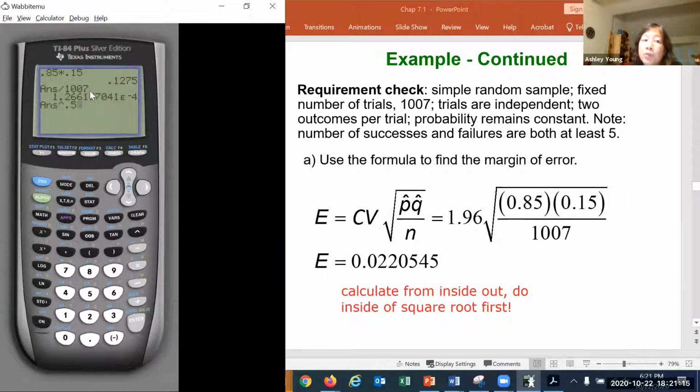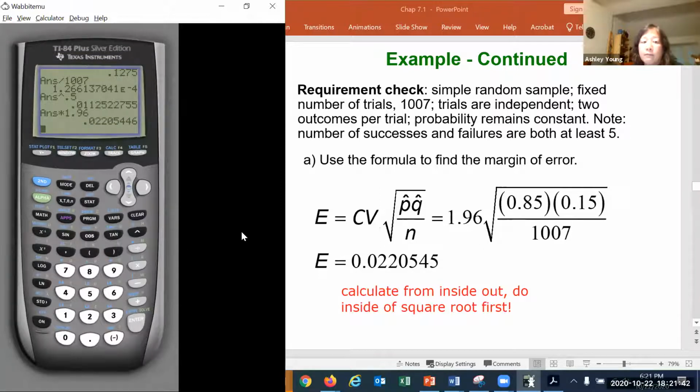You'll see it just takes whatever answer I had before and raises it to the 0.5 power, so I don't have to retype it all over again. So then I get this answer. That's my square root stuff, and then I just multiply by 1.96. And that's where they got this long number here.